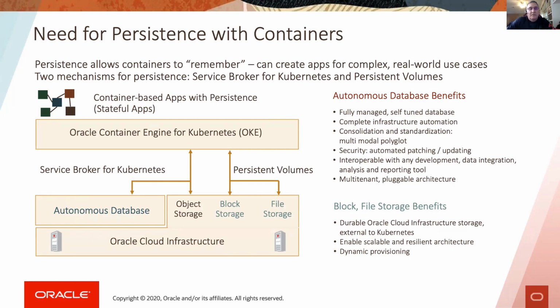So you do need some kind of state. In that sense, from OKE you can talk to the autonomous database. We have object storage, block storage, and file storage. And so there are many benefits to using those types of back-end stateful apps.